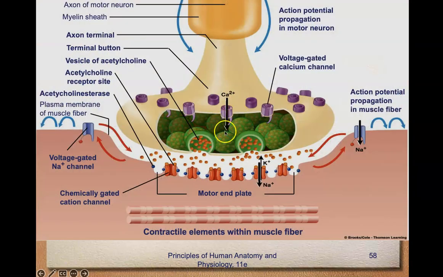Then you're going to see the motor end plate of the muscle fiber. This motor end plate is just this folded region of the sarcolemma of the muscle fiber itself.